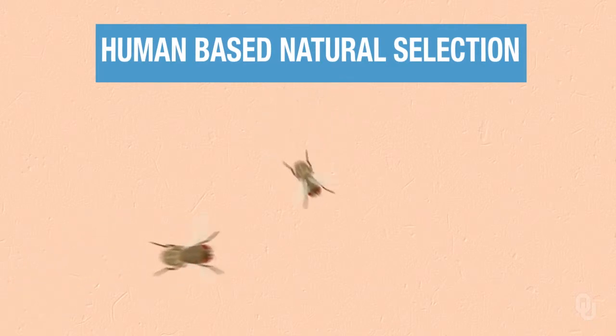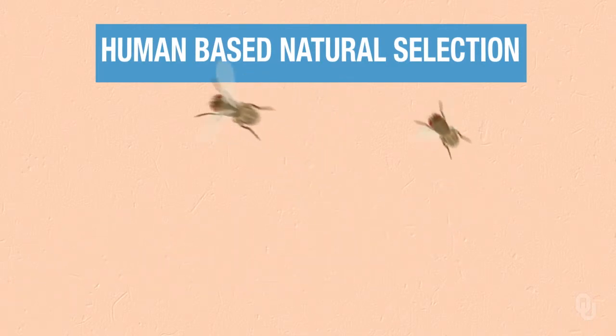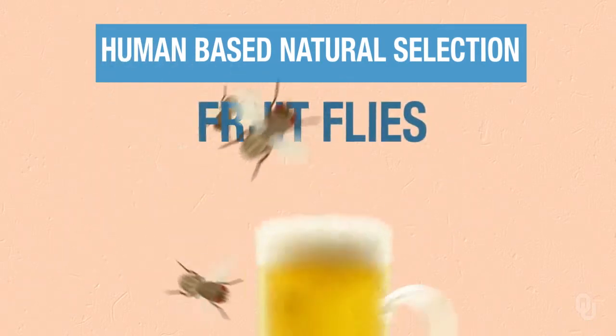Instead of controlled experiments on humans, we can do controlled experiments on fruit flies, or worms, or plants, or even yeast, or any number of life forms that are easy to manage and less ethically worrisome. Some of these experiments also take advantage of our knowledge of evolution in unique ways, including imposing our own human-induced natural selection. One great example of this human-induced natural selection is an experiment done with fruit flies and alcohol.